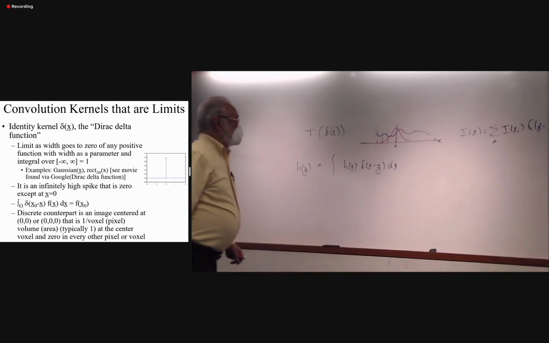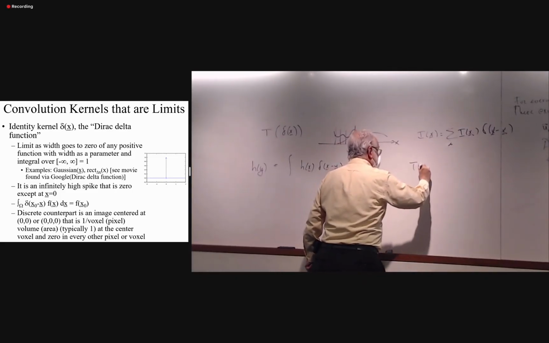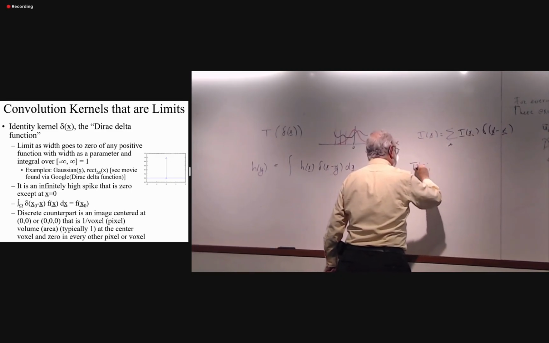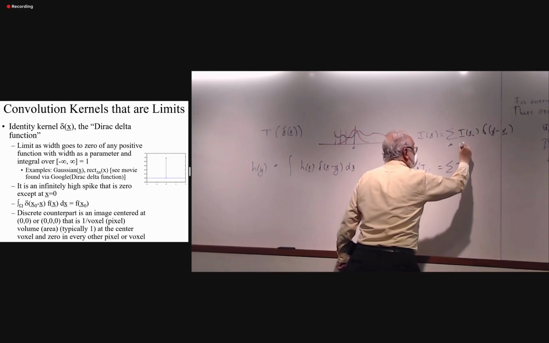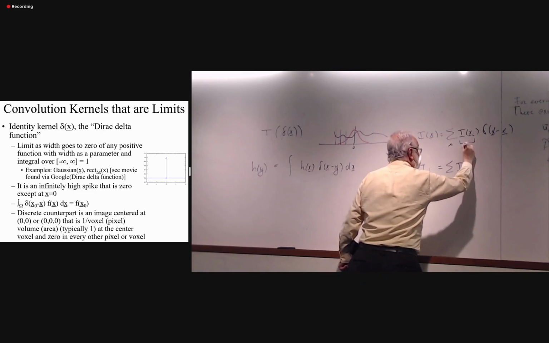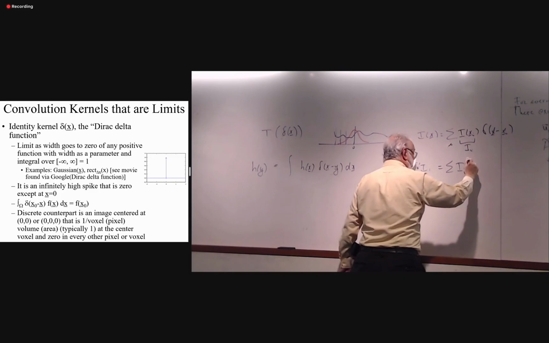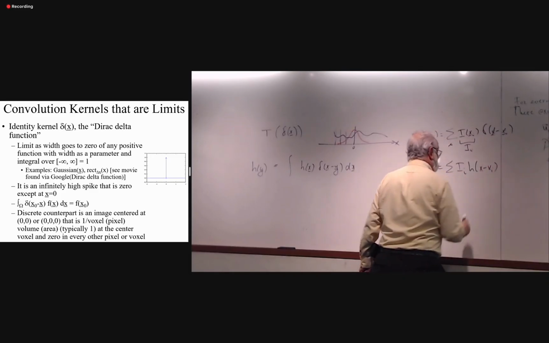Right? And as a result of the linearity of T, T applied to I, if you will, is the sum over i, we're going to call this I sub i, times h of x minus x i.